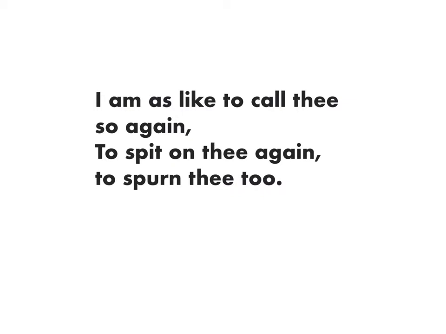This is emphasised through his mocking repetition of the words we've just discussed. Remember, Shylock, to get our sympathy, repeated words such as spit and spurn. What does Antonio do? He repeats them back to him. So he says, "to spit on thee again, to spurn thee too," deliberately quoting Shylock back at him.